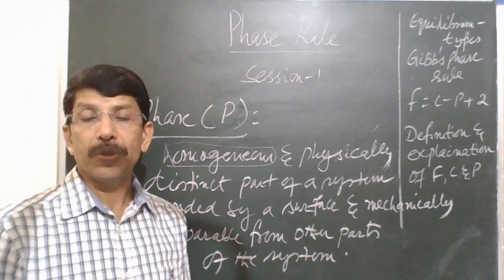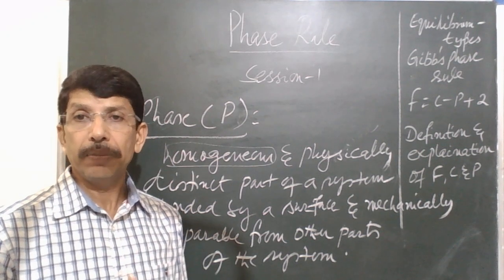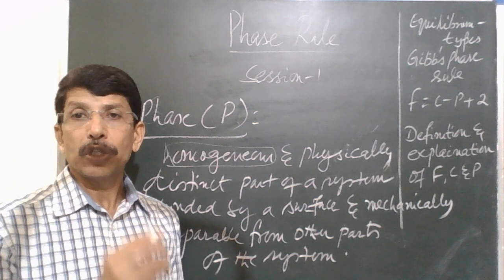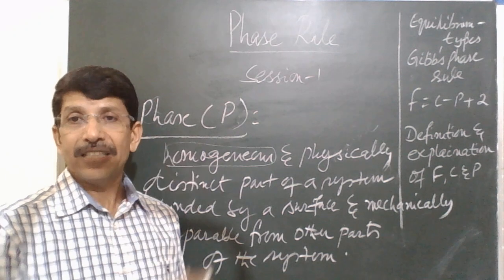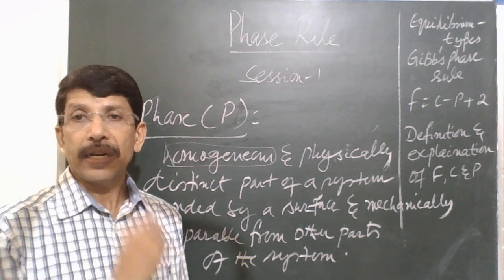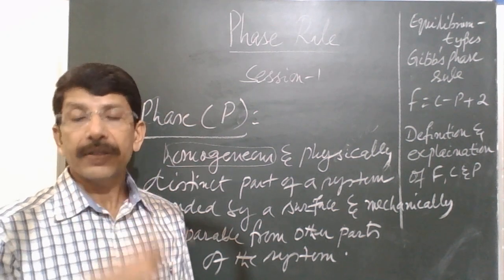We are dealing with heterogeneous equilibrium where there will be two or more phases in equilibrium. So each phase that is in equilibrium should be a homogeneous phase and physically distinct from other parts. We should be able to distinguish that phase from other parts of the equilibrium, and bounded by a surface.